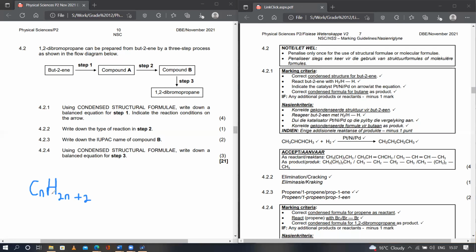So for butane, you're gonna have 4 here. 2 times 4, that's gonna be 8. 8 add 2, that's gonna be 10 hydrogens. So butane has 10 and propane has 8.